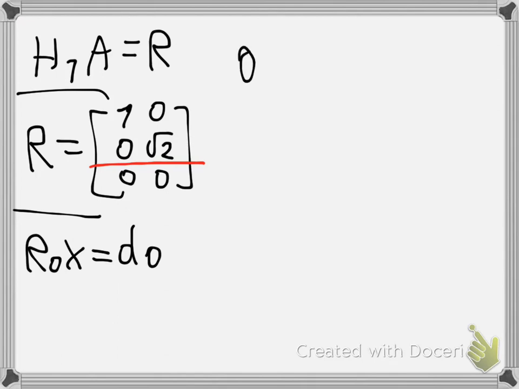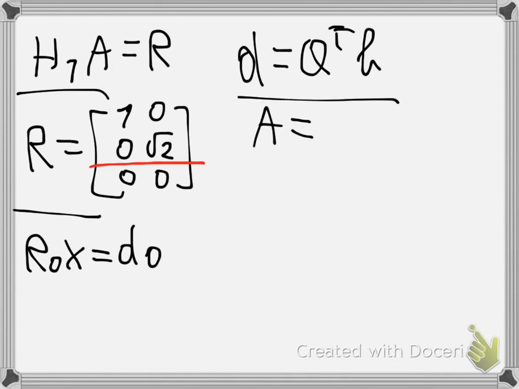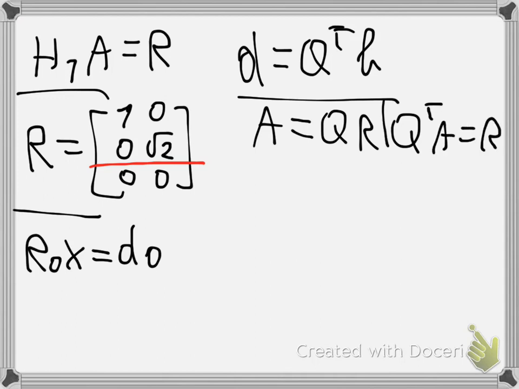Now to find d, I know that it's equal to q transpose b. Okay, and remember that A is equal to QR, so q transpose A is equal to R, and so q transpose is already equal to H1.